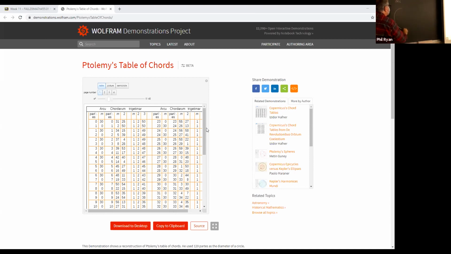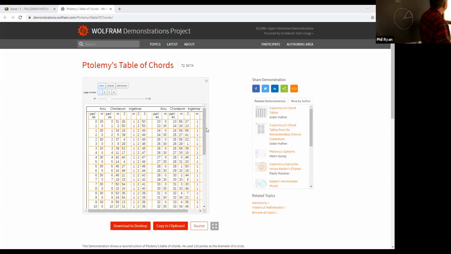So if we have a circle, we have the angle here. Remember that the angle here is both this and also this length here. So in these tables, everything is a length. When they talk about an angle, they really mean the corresponding arc length that goes with it.